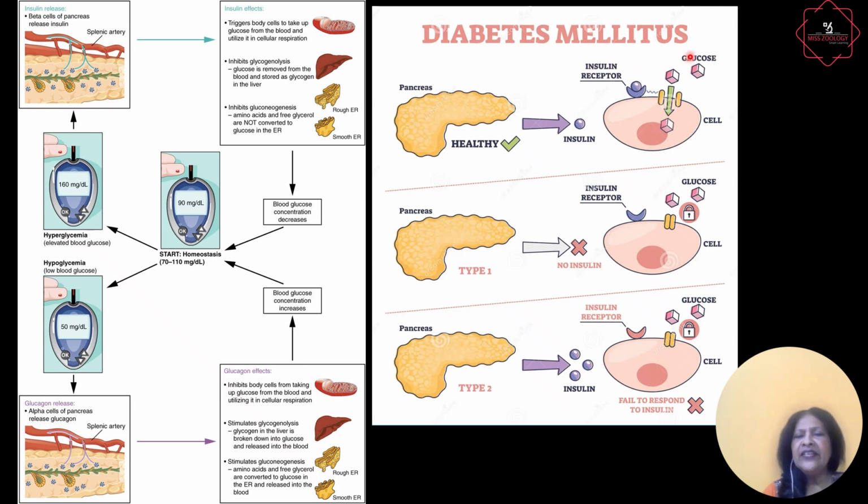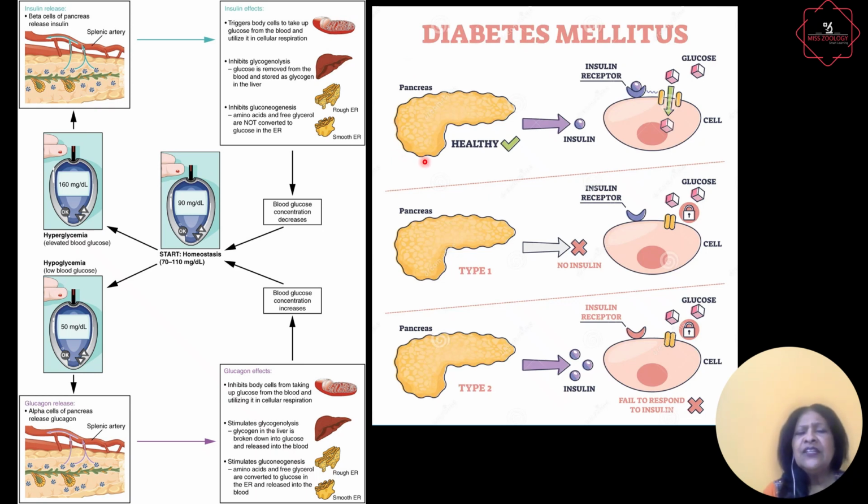Mellitus is honey. That is the way of saying that the blood becomes sweet like honey. Indeed, it is not that sweet, but truly the blood glucose level goes higher than 70 to 110 milligram per deciliter. And if that prolongs for a time, that is a condition of diabetes mellitus.